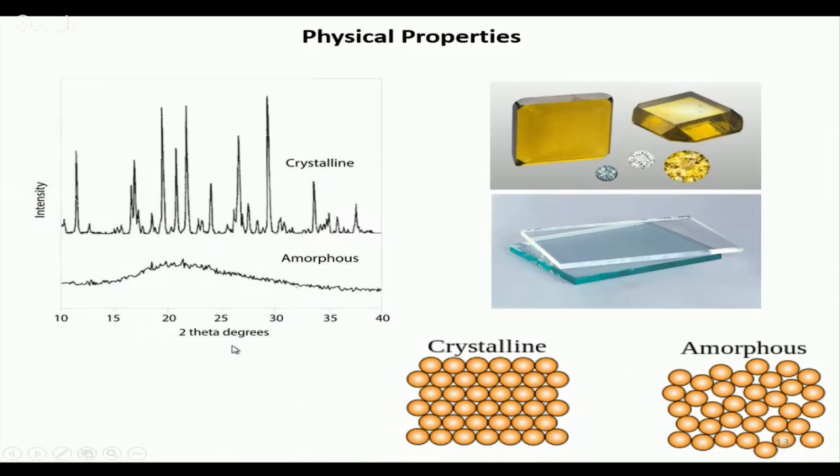Clear? And as you see, the crystalline material has an extended 3-dimensional arranged or ordered structure, but the amorphous material has short range order, but in long range there is no extensive order. I mean, order is very restricted.